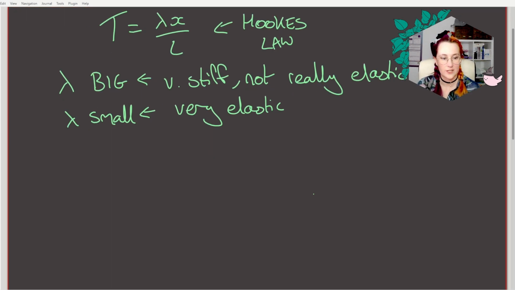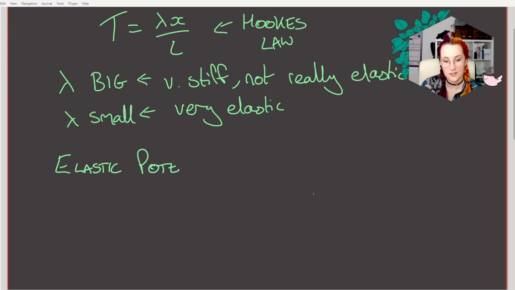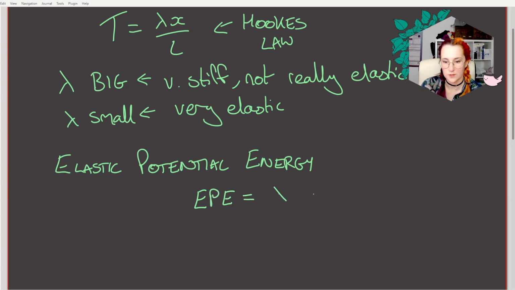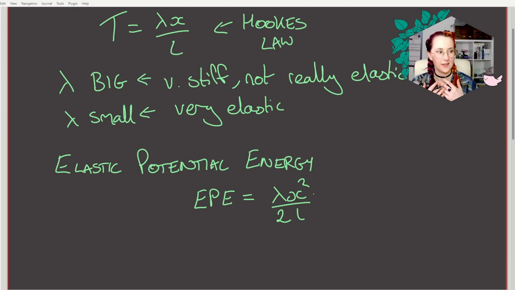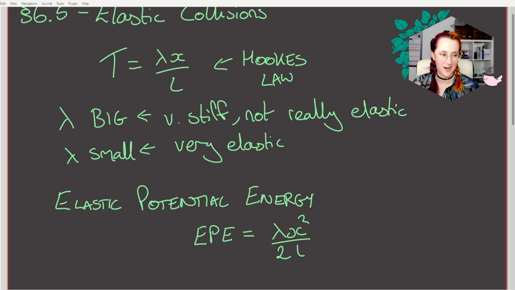And then we also looked at elastic potential energy, which was EPE equals lambda x squared over 2L, which the astute will notice is the integral of the right-hand side of Hooke's law.